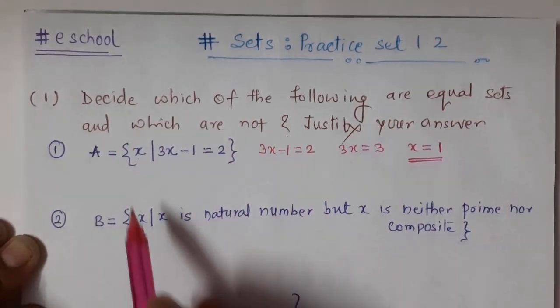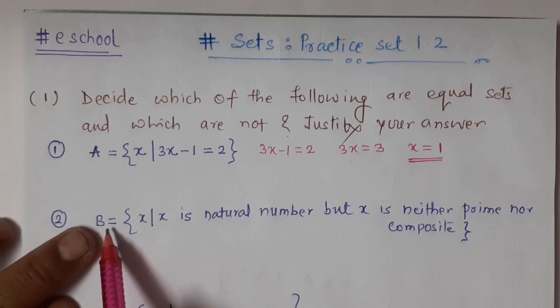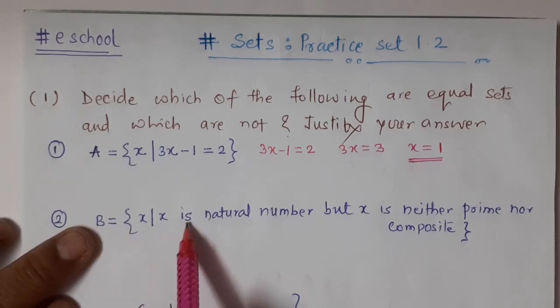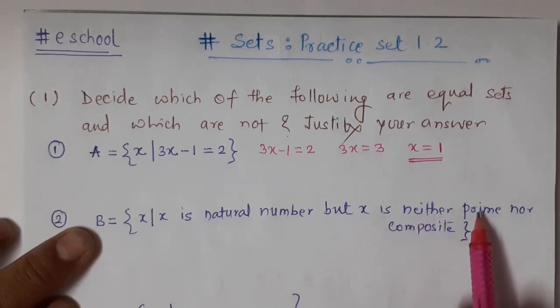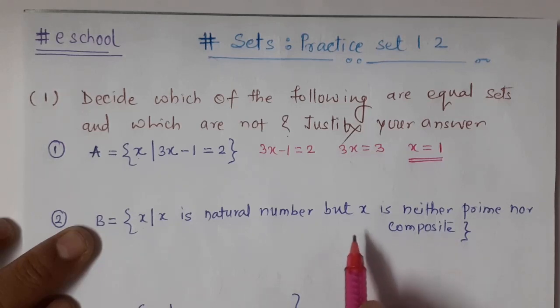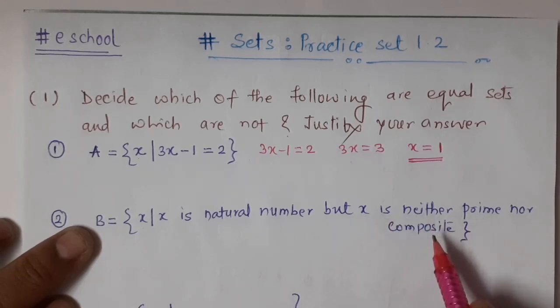Okay, so the second example is B is equal to the set of x where x is a natural number but x is neither prime nor composite. You know that there is only one such number, that is x is equal to 1, which is neither prime nor composite.